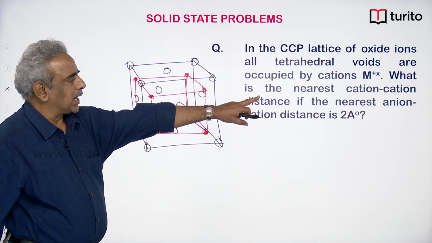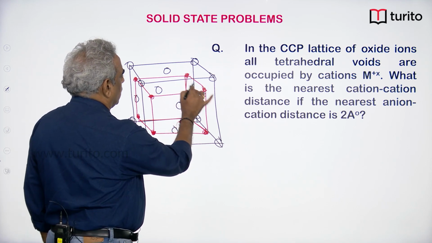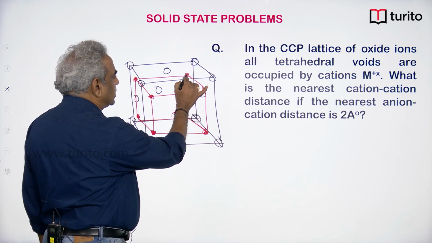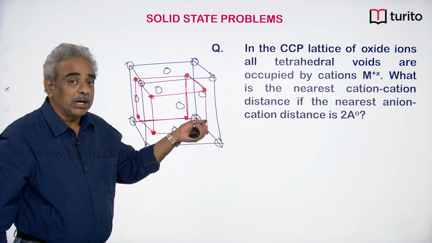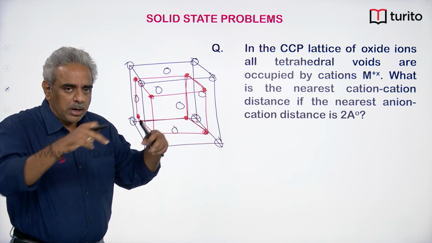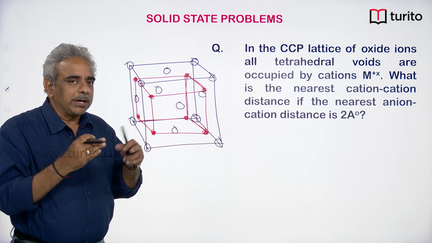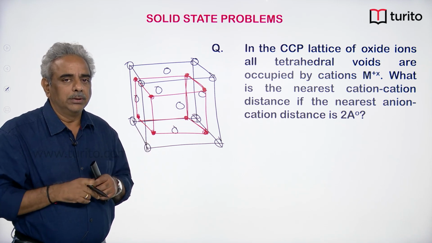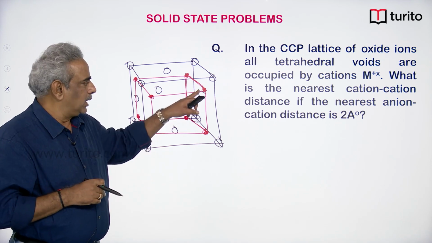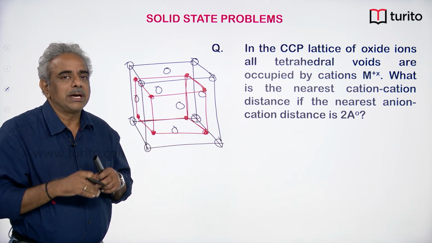Now, what did he give? What is the nearest cation distance in this lattice? The edge length of the inner cube, because they are all present in the tetrahedral voids. All the tetrahedral voids inside the FCC unit cell make a cube, at the corners of a cube. In the cube, what are the nearest atoms?